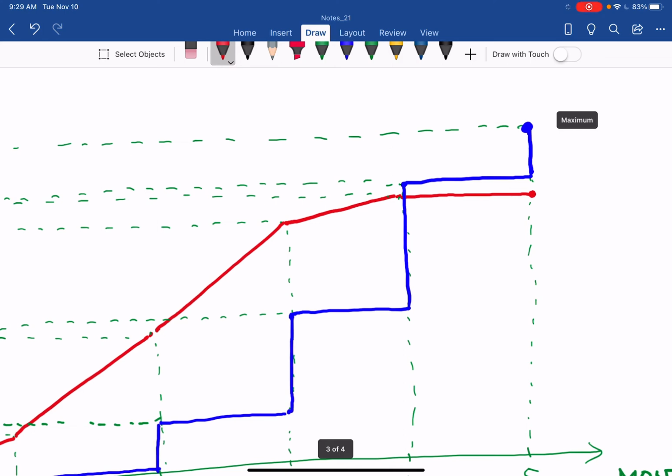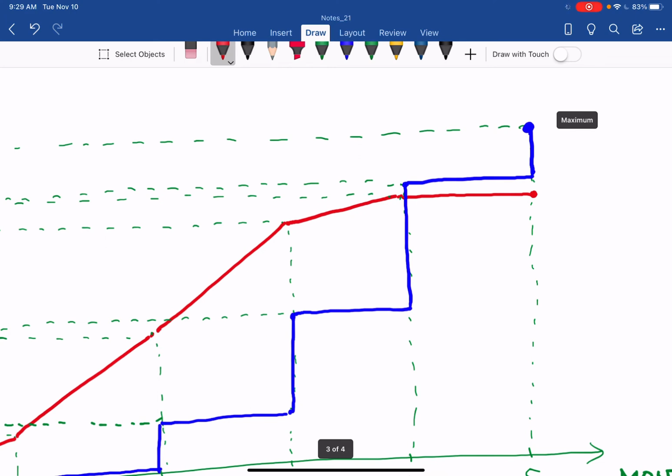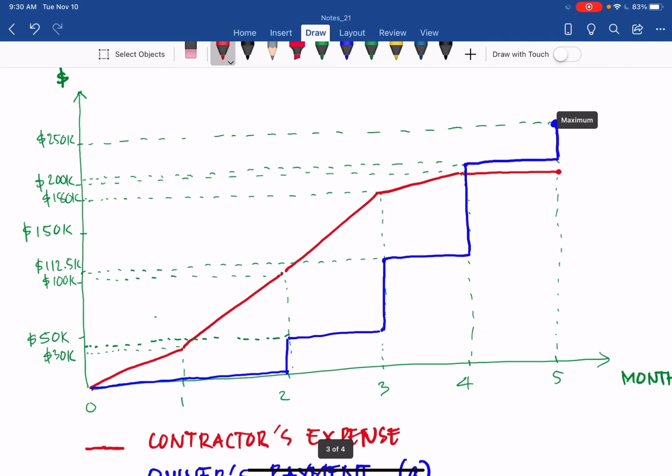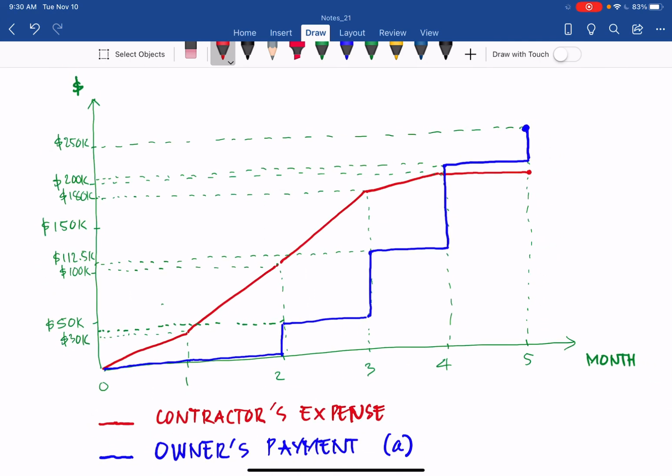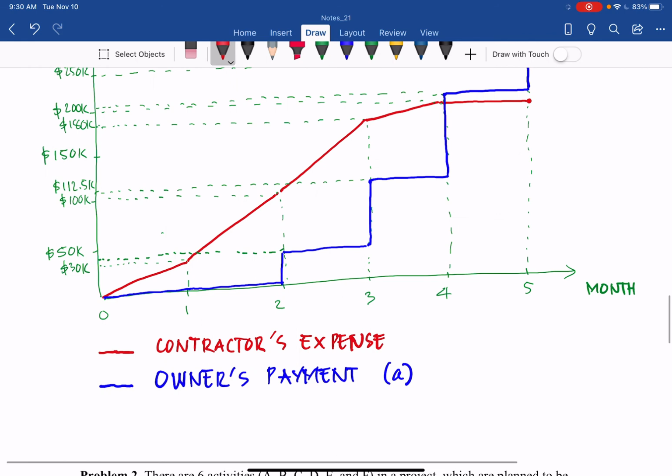So the cost is 200,000 and the contract value is 250,000. So possibly you get 50,000 there, but it's not realized, not positive, until the project is complete in month 4.